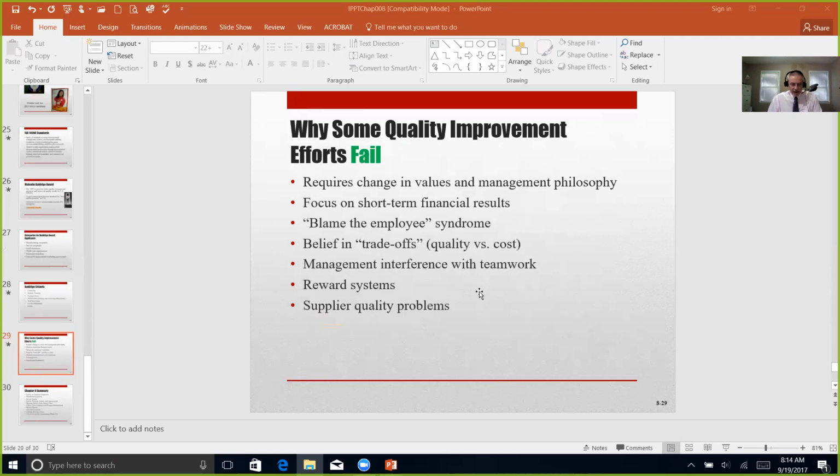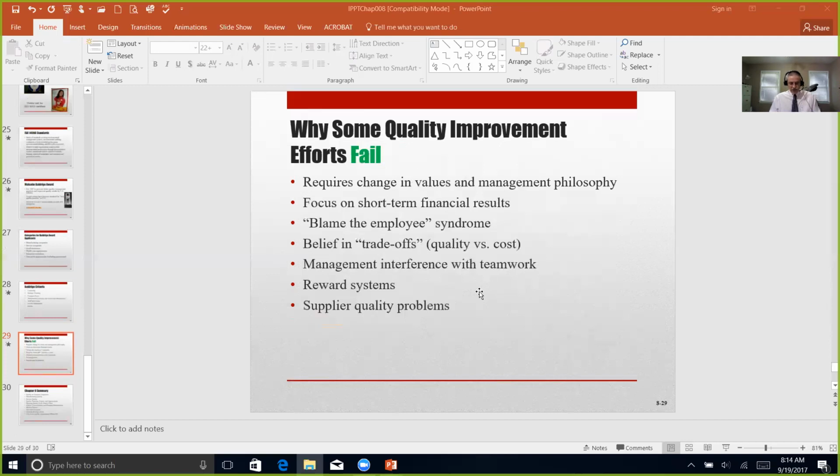And again, some suppliers attempt to inspect the quality after the fact, but we're helping them realize that they have to build quality into their processes, their mission, value, and vision statements as well, within reason.